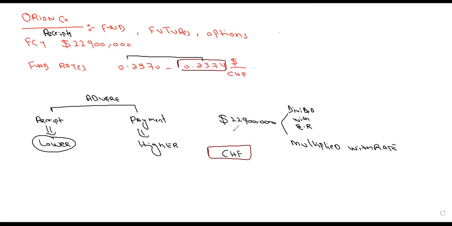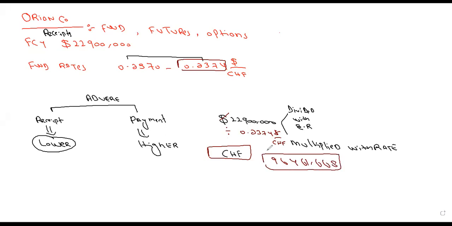So dollar divided by 0.2374 dollar over CHF. Dollars will cancel each other. What is the amount in the CHF coming, guys? 96461668.